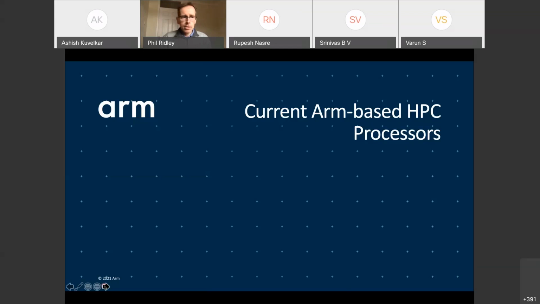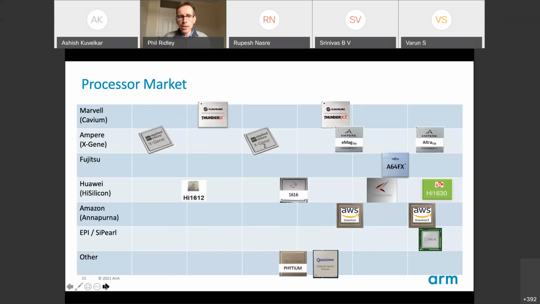So for the remainder of this talk, I'll talk about the current ARM-based processors that we have, and then some of the current deployments that are based on these processors and similar. For around the last 10 or so years, ARM has become more prevalent in HPC. Currently on the market, we have this kind of selection of processors, most of which I've already mentioned.